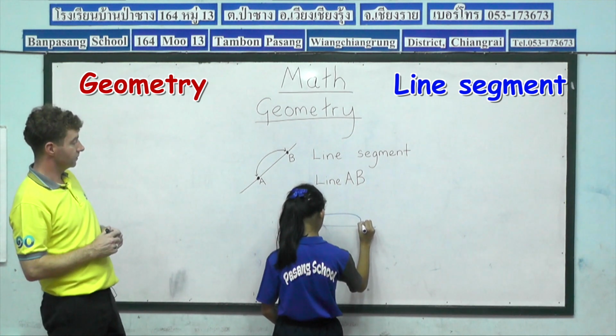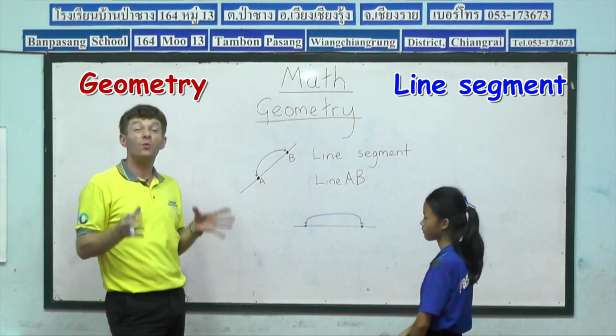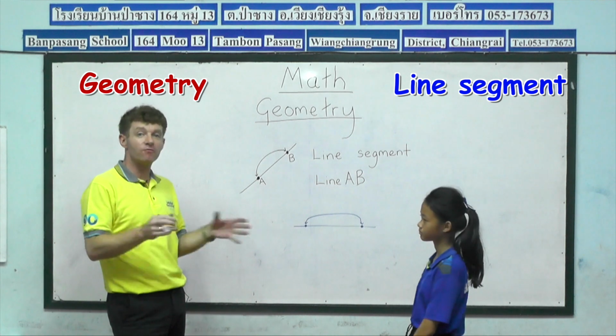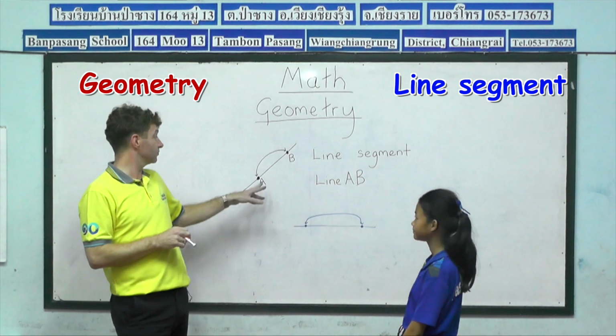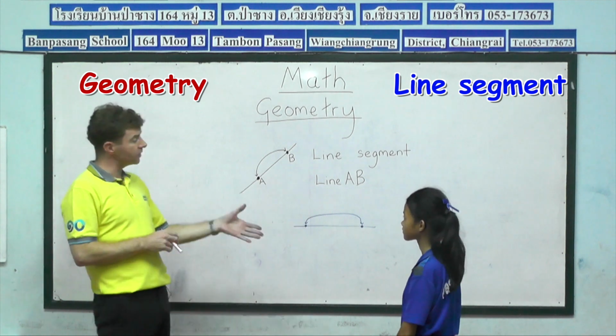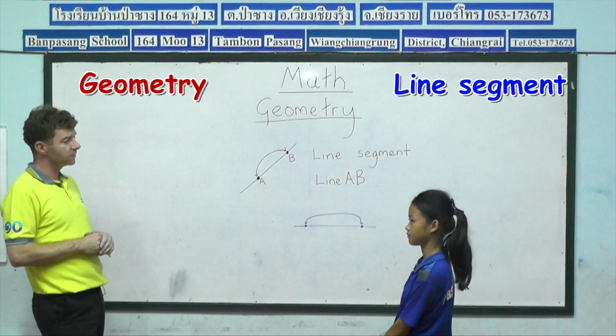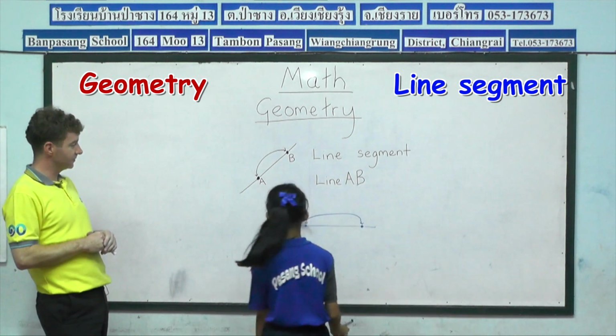Perfect. But now, before we give our line segment a name, we need to give our points references. So I used point A and point B. But Dan, can you think of 2 other references that you can use? Anything you like. Any letters you choose.